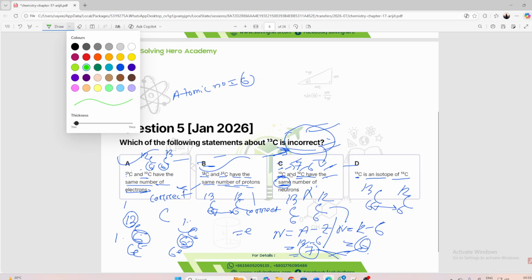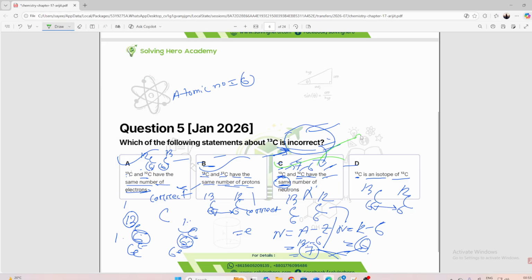You have to find the incorrect one, and this is incorrect because carbon-13 and carbon-12 have different numbers of neutrons, but here it is given that they have the same number. So this is our answer.